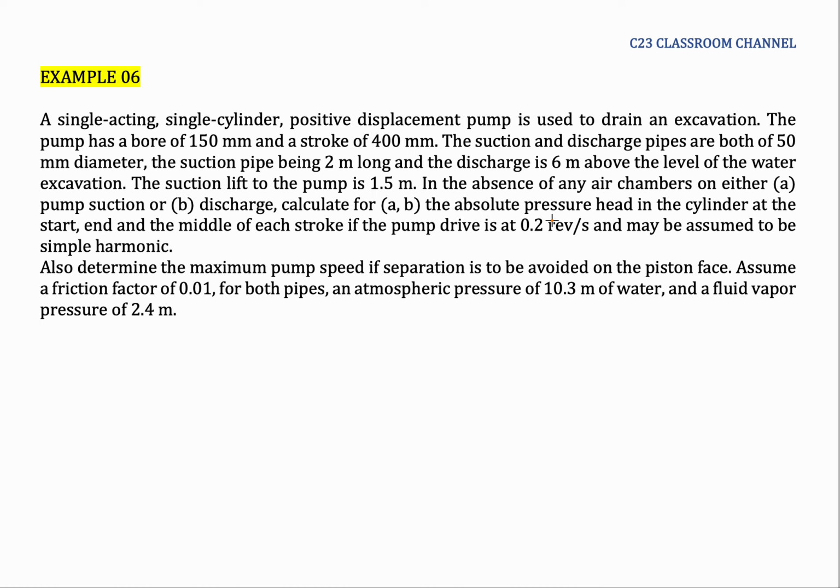Then we need to calculate the pressure head in the cylinder at the start and middle of each stroke, meaning the suction stroke and also the delivery stroke. Because in the previous question, we only calculated the absolute pressure head for the suction stroke.